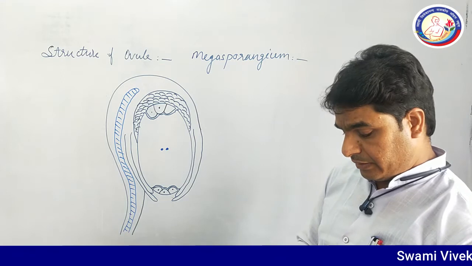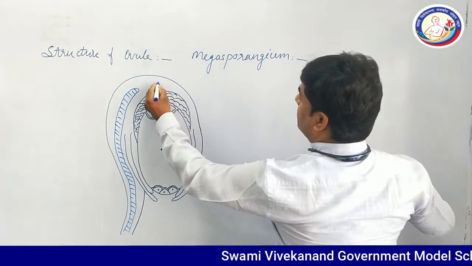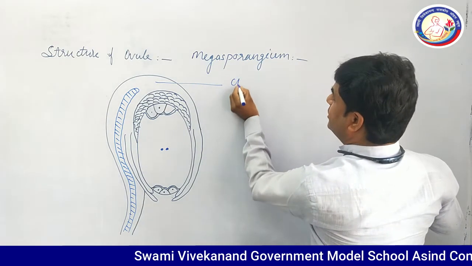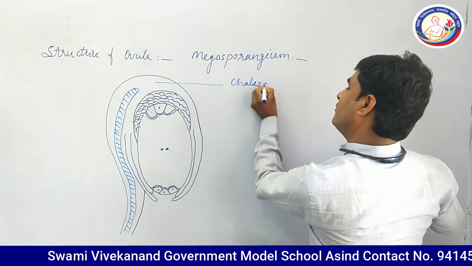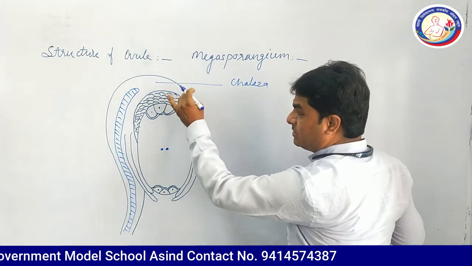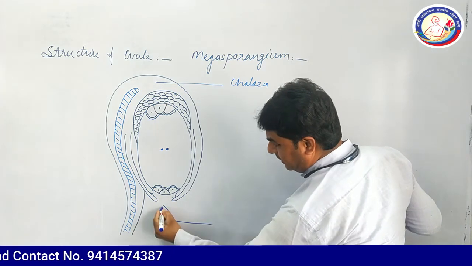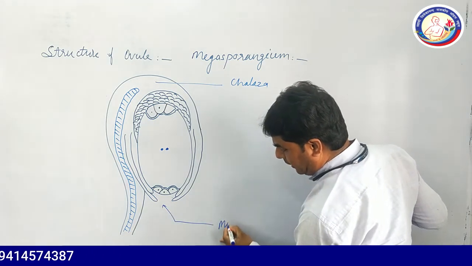In the structure of the ovule, you can see this part is known as chalaza, and just opposite the chalaza there is a pore present here. This is the micropyle.